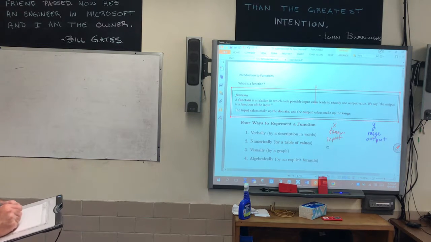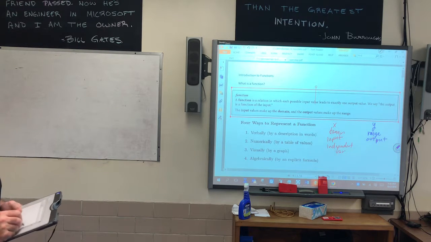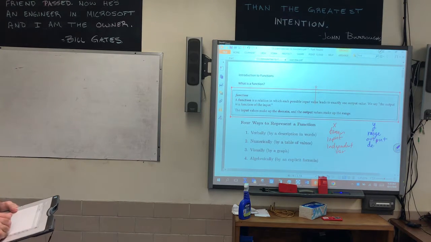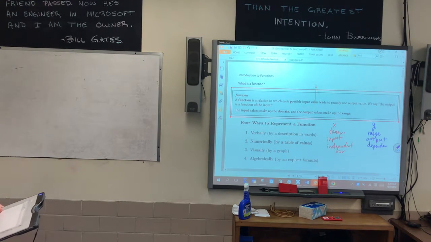This is your independent variable. And this one is going to be your dependent variable. All right, if you understand what those words mean, independent, I would probably venture to say most of you are not independent.